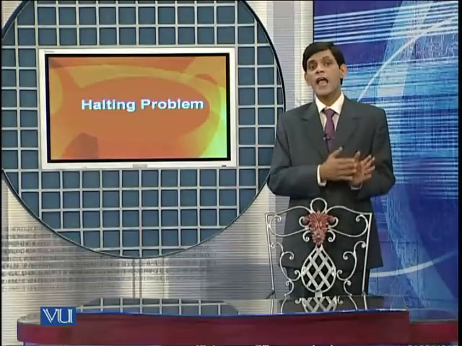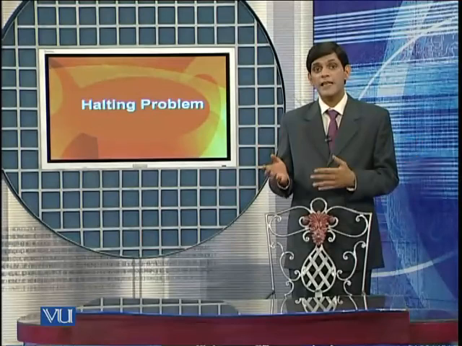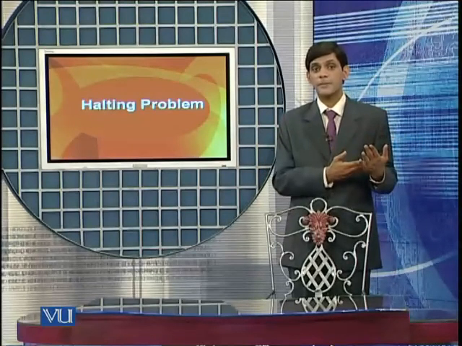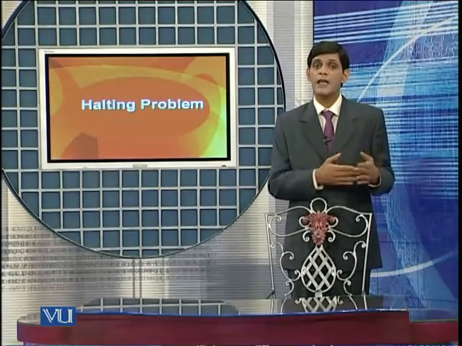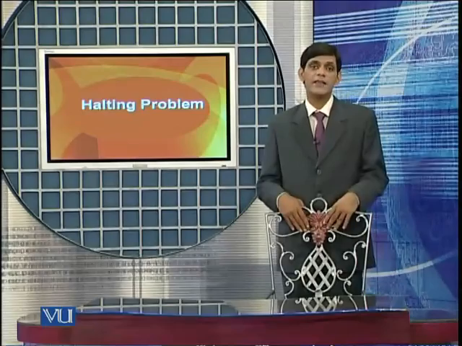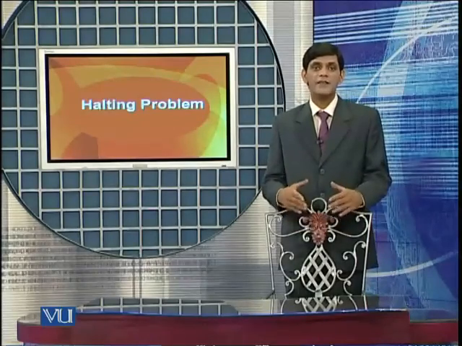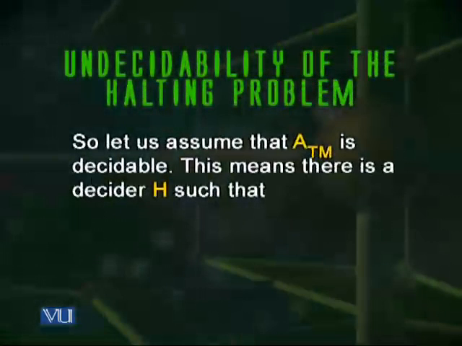Since you started with an assumption which led to absurdity, that assumption must be false, and hence the negation of the assumption must be true. This method, proof by contradiction, was used by the Greeks early on, and it's sometimes called reductio ad absurdum. We will start by assuming that ATM is decidable and reduce that to an absurdity.